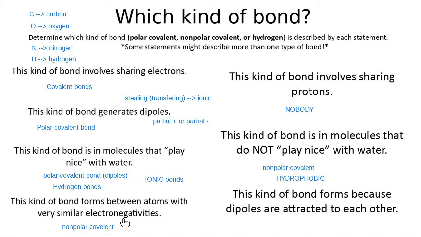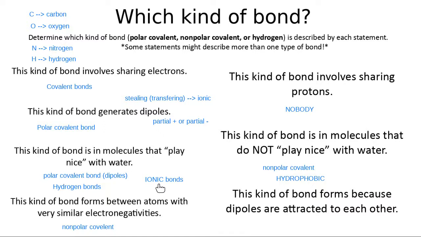Now, if we put together things that have somewhat different electronegativities, somebody wants them more than somebody else, that's why we end up with these dipoles if our electronegativities aren't very well matched. If our electronegativities are completely different, so somebody really wants it and somebody really doesn't want it, that's how we get ionic bonds.